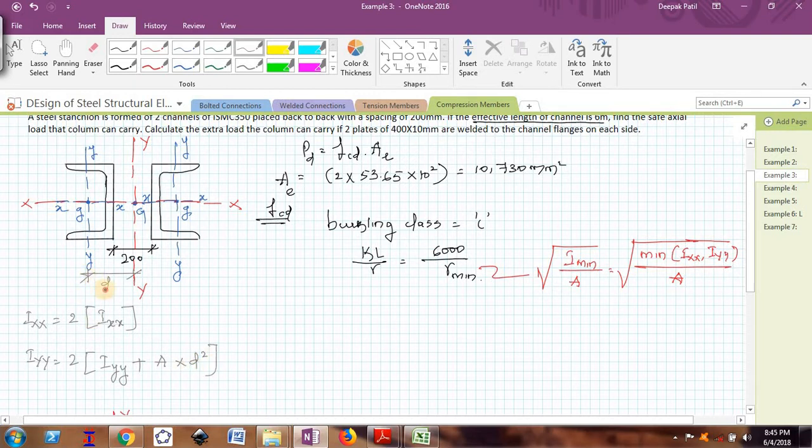Here d is this distance. So this one will be minimum, and this will always be maximum.